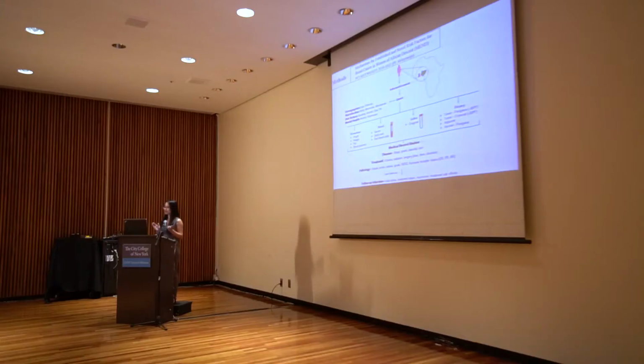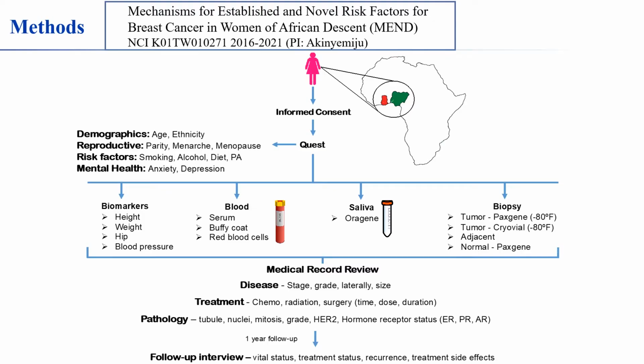As for the methods, Dr. Tommy already talked about them yesterday, so I will just focus on the part I participated in, but I will briefly talk about it. Once we have newly diagnosed breast cancer patients, we introduce our program to them to see whether they want to participate. If they do, we get the consent form and administer surveys which include demographic, reproductive, and other risk factors, and also mental health information.